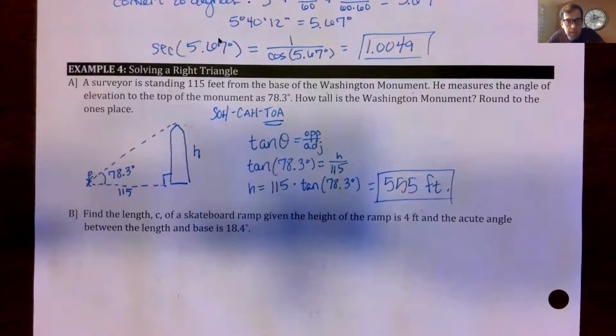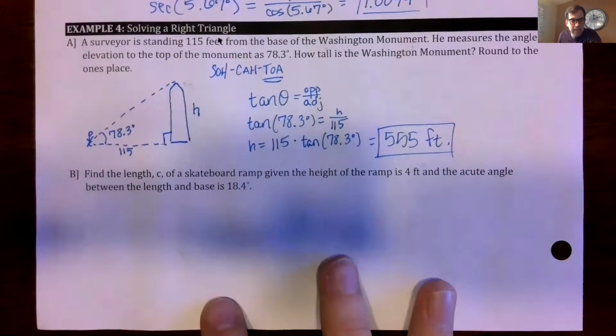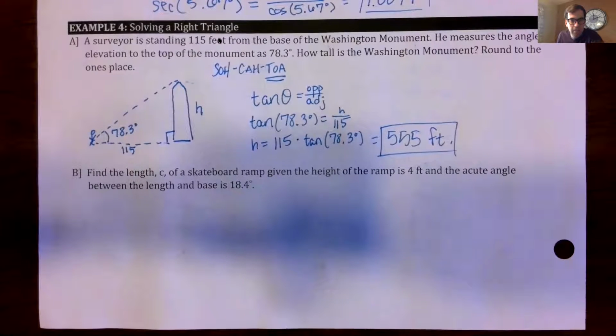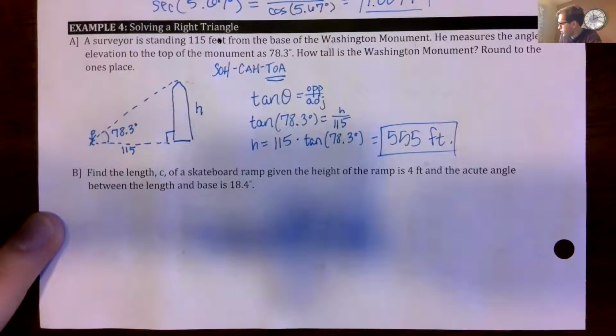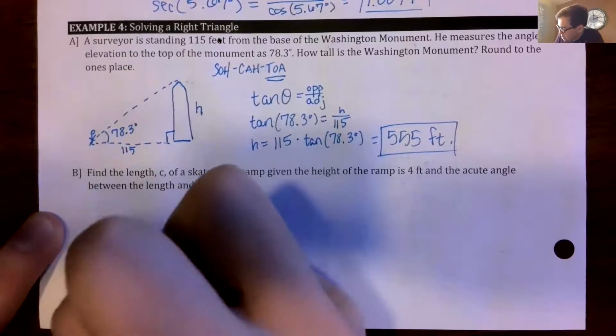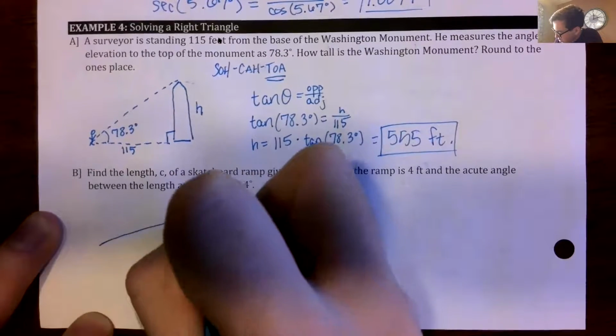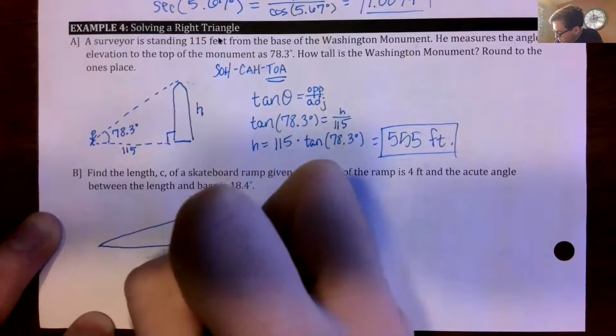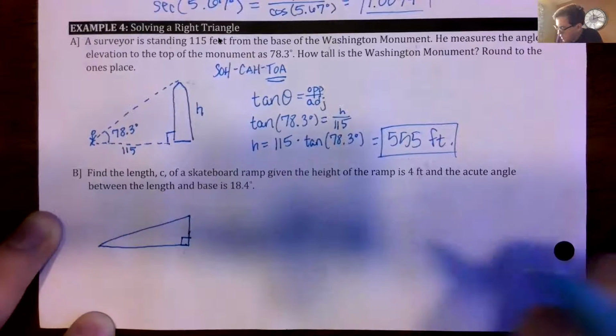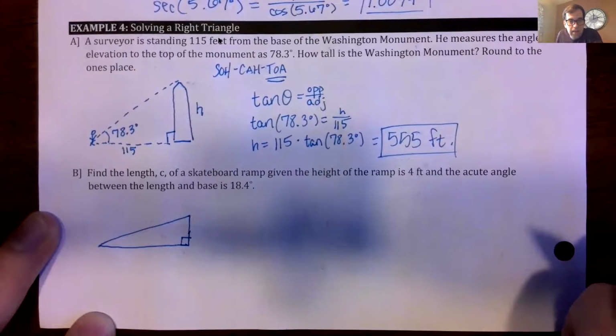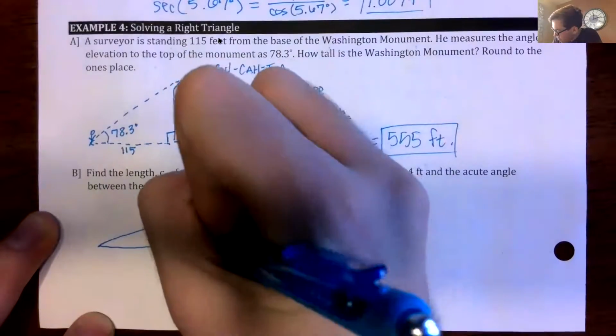All right, pretty cool. Letter B: find the length C of a skateboard ramp given the height of the ramp is 4 feet and the acute angle between the length and the base is 18.4 degrees. Okay, so if we sketch this ramp, it's going to look like a right triangle. The height of the ramp is 4 feet.